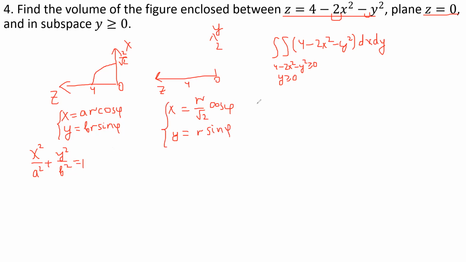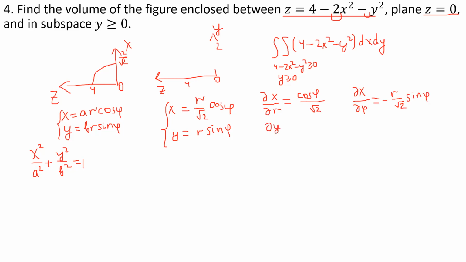Now we need to calculate the Jacobian. So we need dx over dr, which will be cosine phi over square root of 2. We need dx over d phi, which will be minus r over square root of 2 sine of phi.